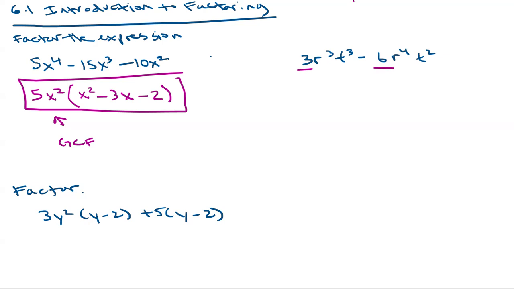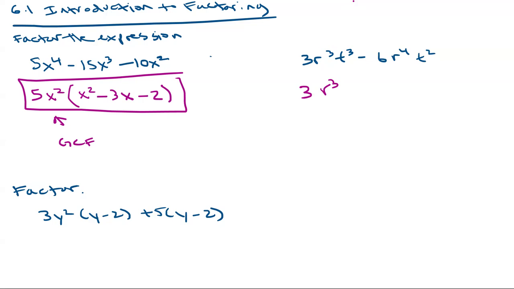The greatest common factor between them is going to be 3, because 3 can go into 3 and 3 can go into 6. So for the coefficient, it'll be 3. Now I look at the r's. We go to the lowest power. R cube is the lowest power, so that's the biggest R value we can pull out. So that would be R cube.